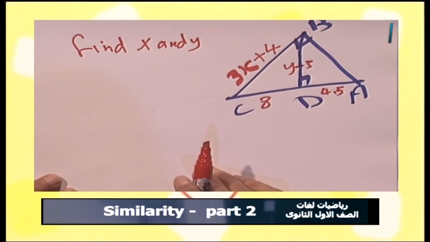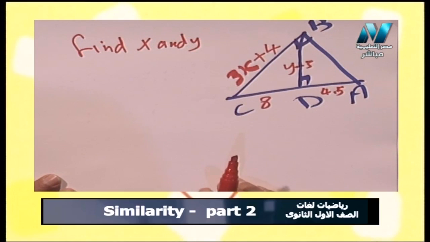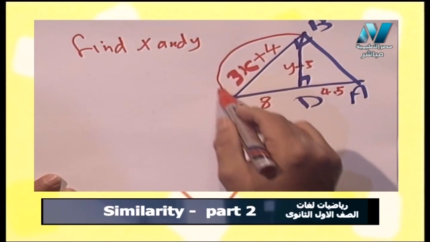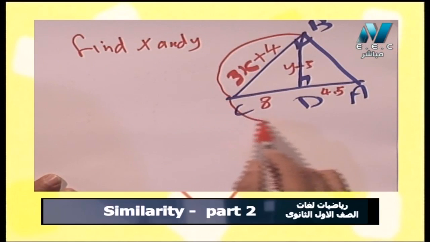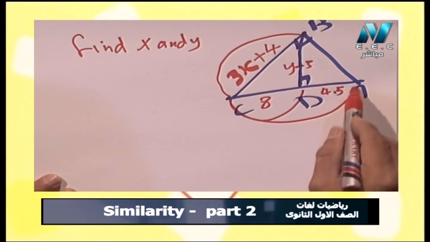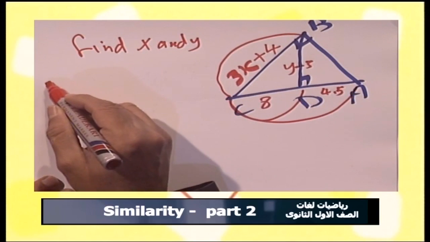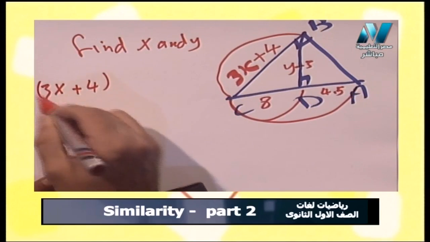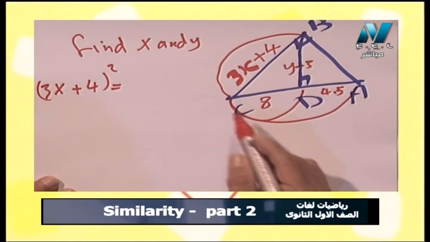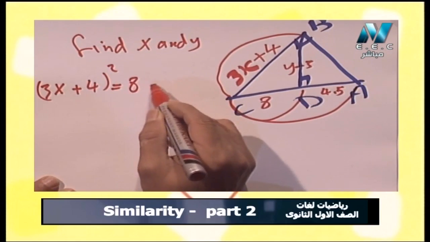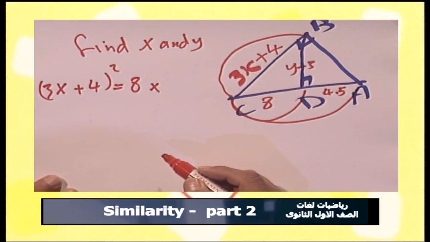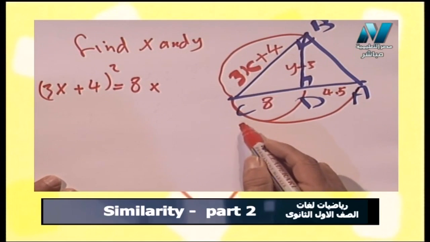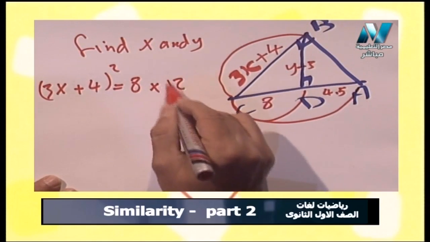From similarity here, we have proved that BC power 2 equals CD multiplied by CA. So 3x plus 4 power 2 equals CD, which is 8, multiplied by CA, which is 12.5.